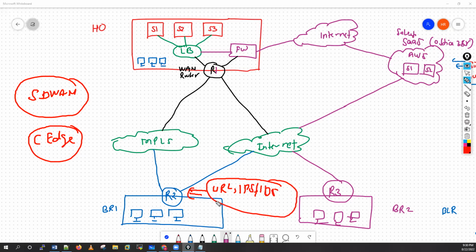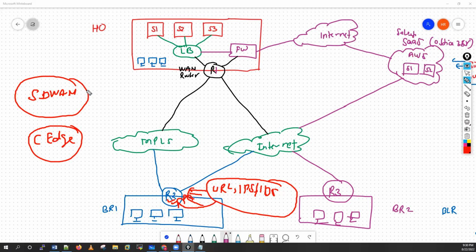You will get these kinds of functionality inbuilt with these routers as well, which means now your malware and virus inspection is all done by these routers. So this kind of benefit you will also get from this particular router if you use the SD-WAN solution.